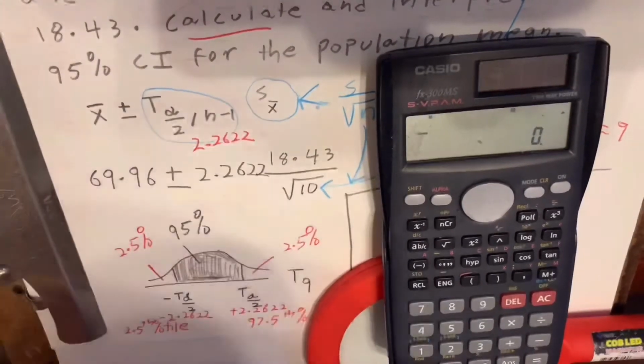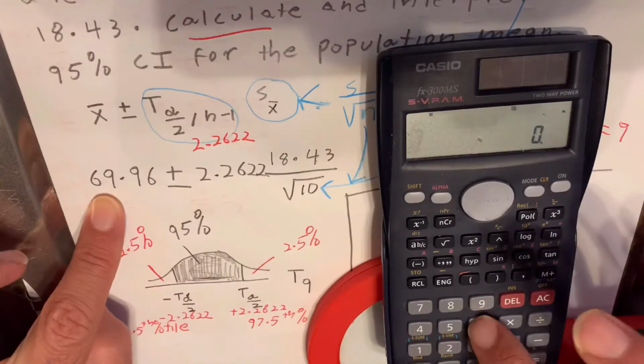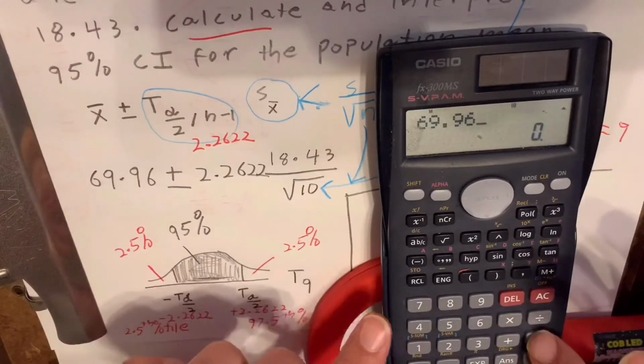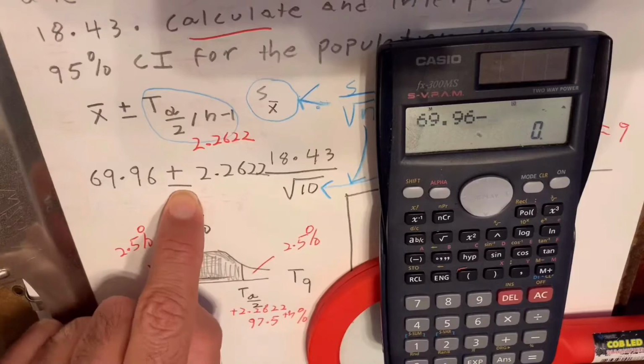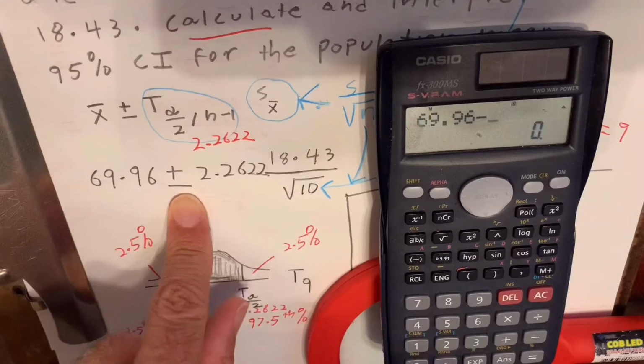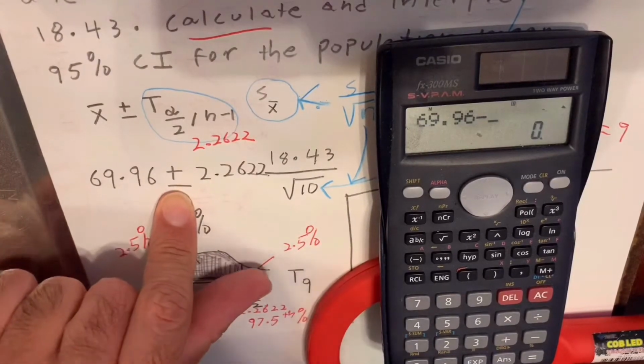Yes. So what I'm going to do is I'm going to type in 69.96, and then I'm going to hit the minus button. Now, why do I hit the minus button first? Because we read from left to right. And so if we hit the minus button first, we can get the lower bound of the confidence interval first.